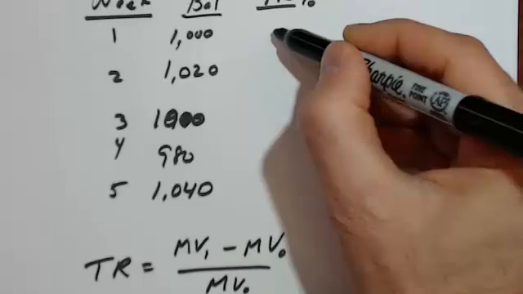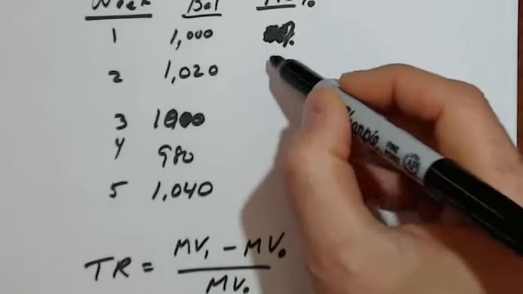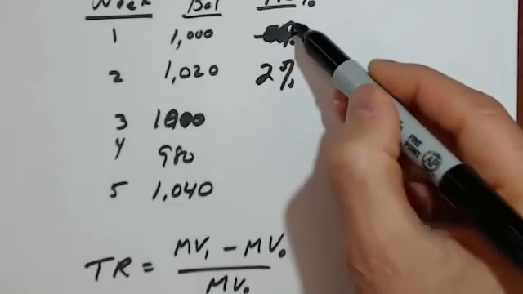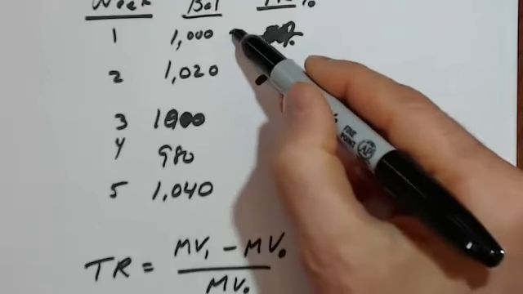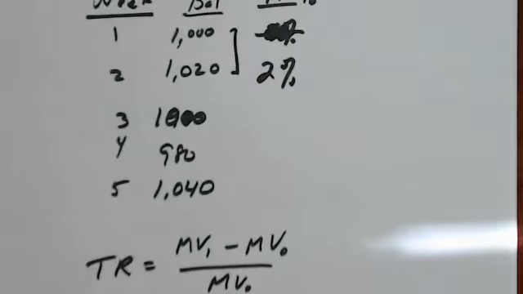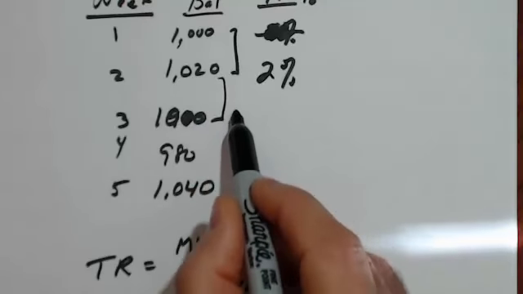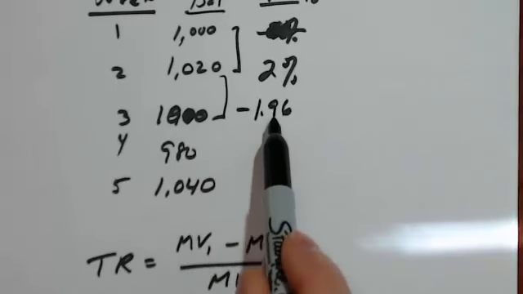You can't really calculate anything for the first period because you don't have enough data. So you start here at period 2, and looking back, you earn 2% for this time period. Then for this time period, you lost 1.96%, not quite 2%. So do the math.